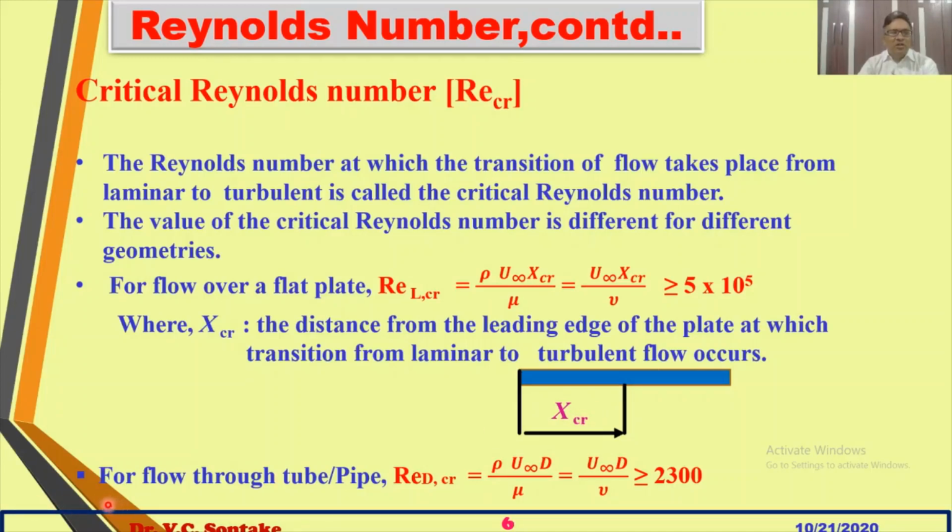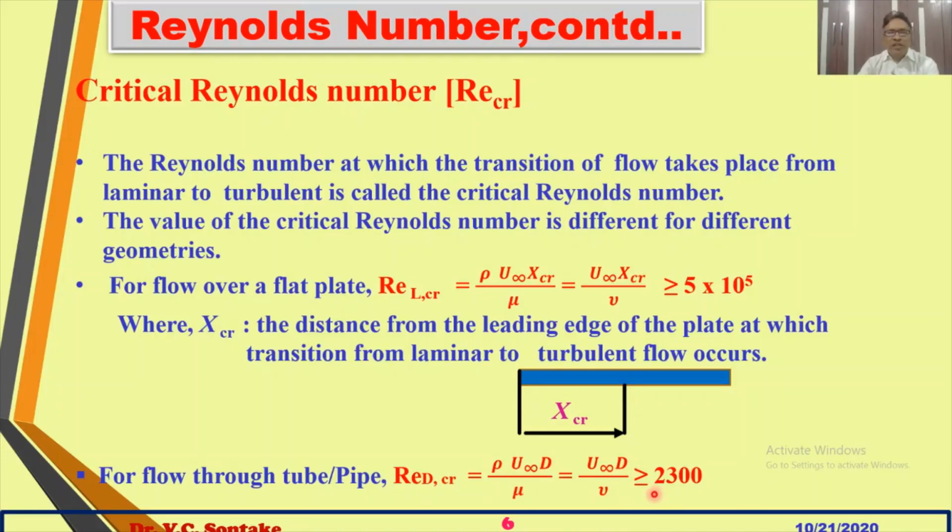Similarly, for flow through a tube or pipe, the value of the critical Reynolds number, Re suffix d critical, can be given as rho into U infinity into d over mu, or U infinity into d over nu, is greater than or equal to 2300.